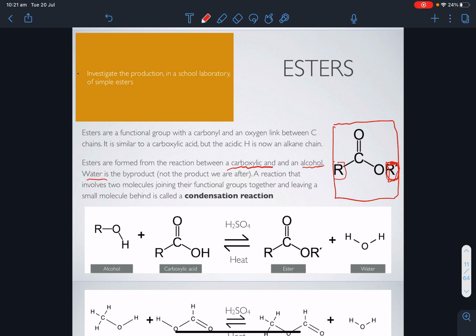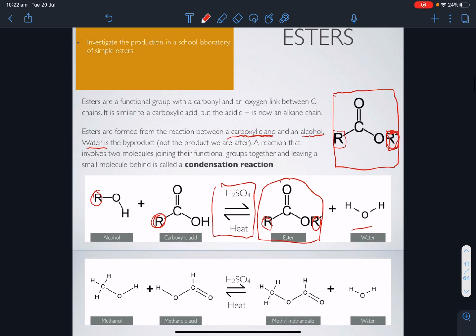Okay? So, in general, we've got our R group here on our alcohol and another R group on our carboxylic acid. They come together and we need some help here. We'll get to that in a second. To form this ester that has two R groups, they could be the same, they could be different, and water left over. So here's a nice simple example.